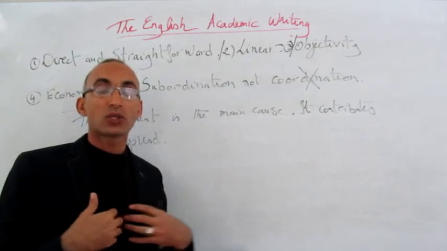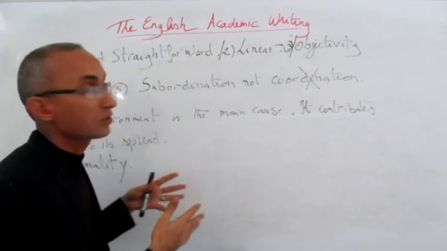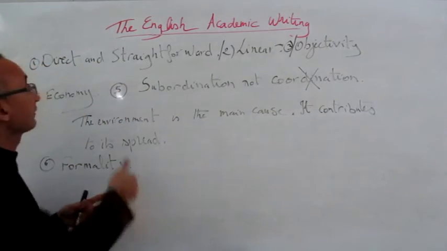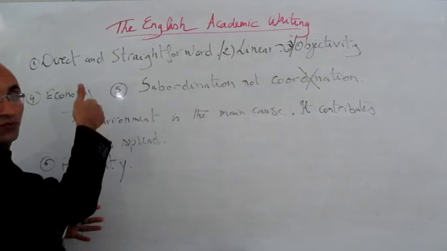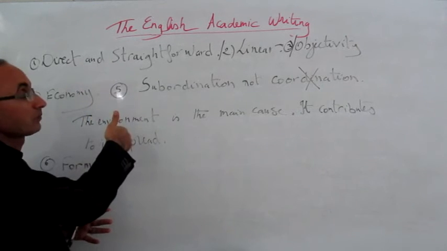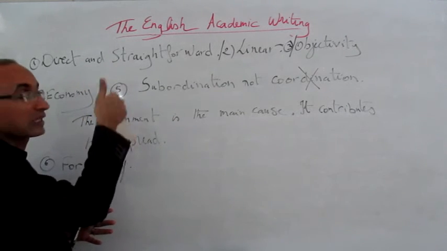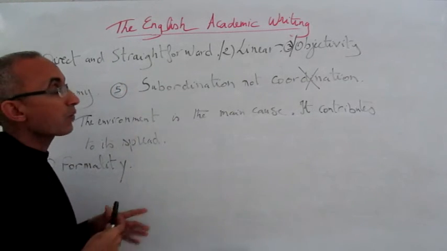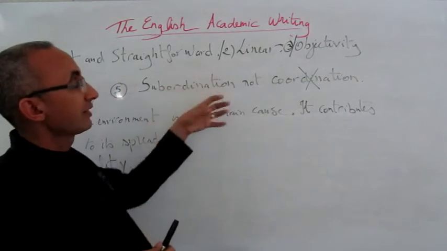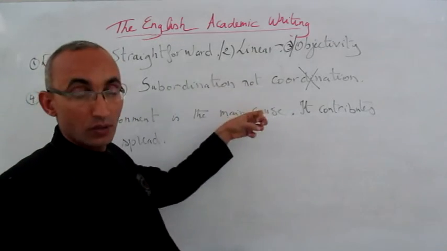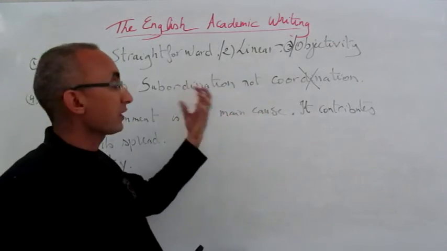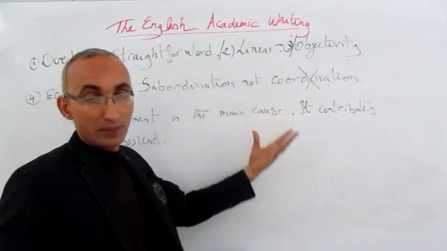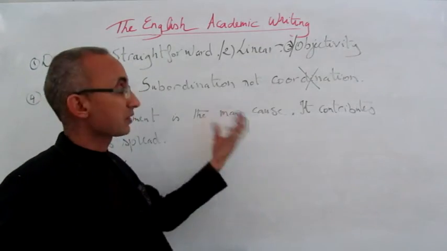We have to limit ourselves to these features. We must be direct from the beginning of the paragraph and straightforward to touch the topic in our first sentence. Our ideas must take the form of a line, or a chain, a flow of ideas: one serves the other, one is related to the other, and so on.